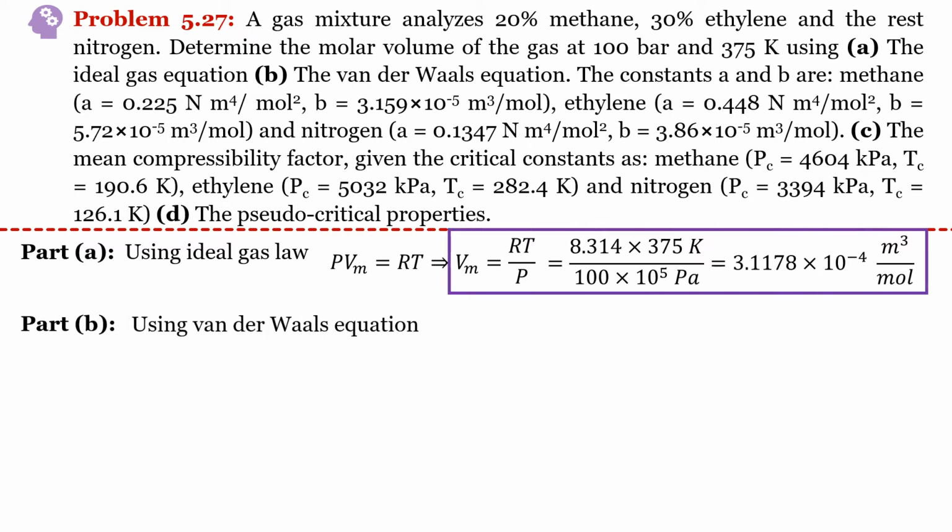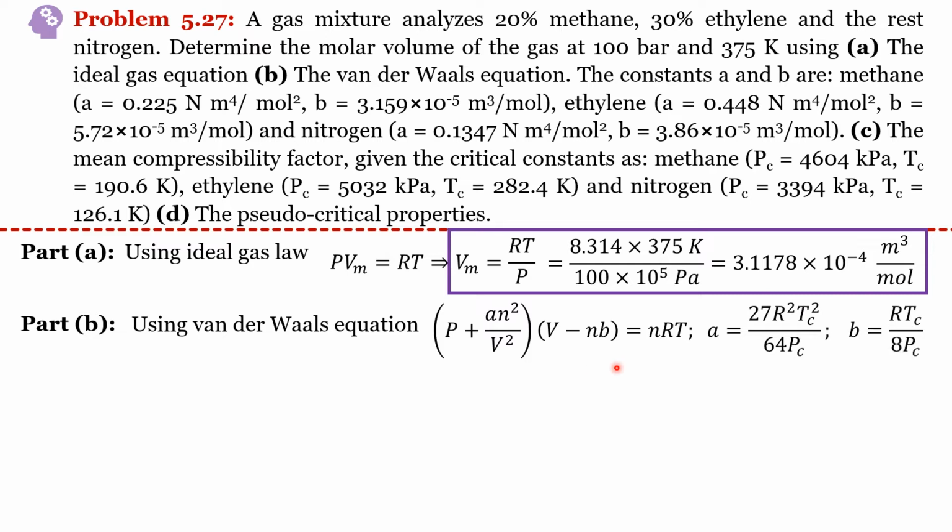Now in part B, we need to find the molar volume using the van der Waals equation. First we can write the van der Waals equation. Here we first need to estimate the constants A and B. We have a gas mixture, and in the problem the values of constants A and B are given for each component.